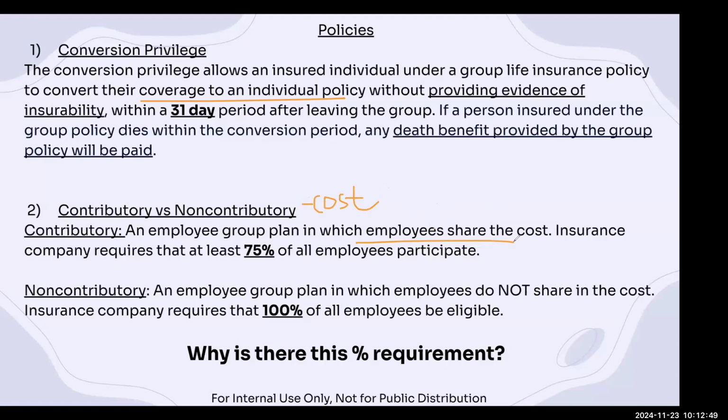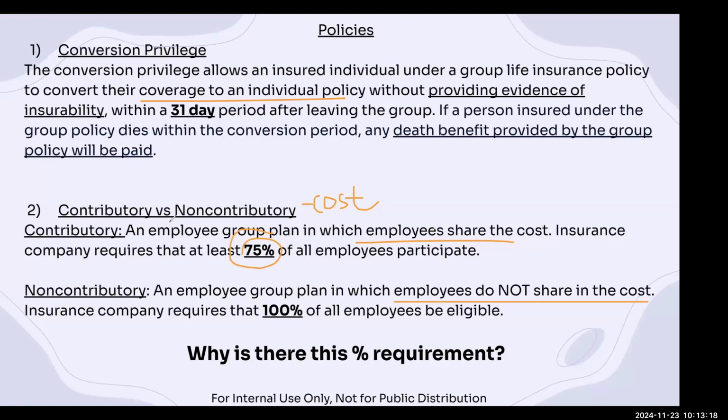So if the employees contribute to the cost, which includes paying premiums, then insurance companies require at least 75% of all employees to participate in the plan. Now, if we have a situation where the employees do not share the cost, this is called a non-contributory group plan.